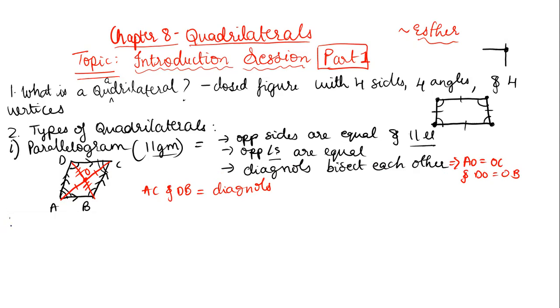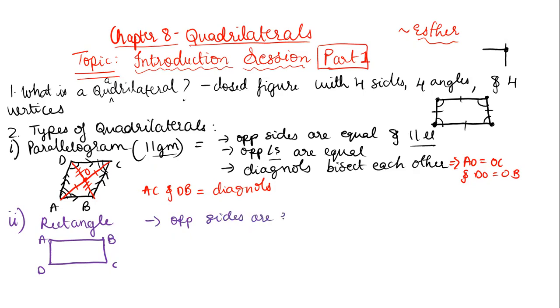Now, the second thing is rectangle. I'm sure you all are aware of how a rectangle looks, right? So a rectangle looks somewhat like this. A, B, C, D. In a rectangle, the opposite sides are equal and parallel.